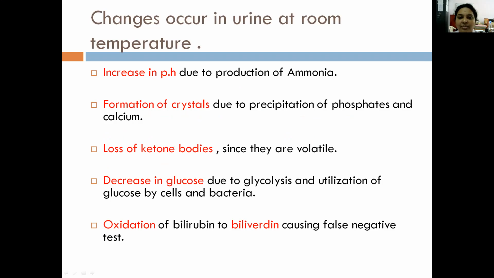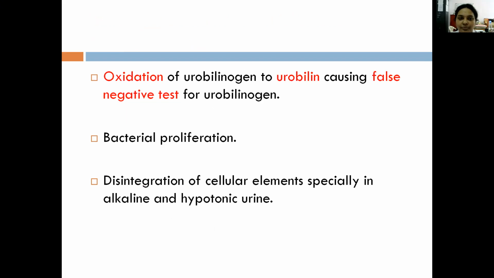Then oxidation of bilirubin to biliverdin causing a false negative test. Then oxidation of urobilinogen to urobilin causing a false negative test for urobilinogen. Bacterial proliferation, and finally disintegration of cellular elements, especially in alkaline and hypotonic urine.